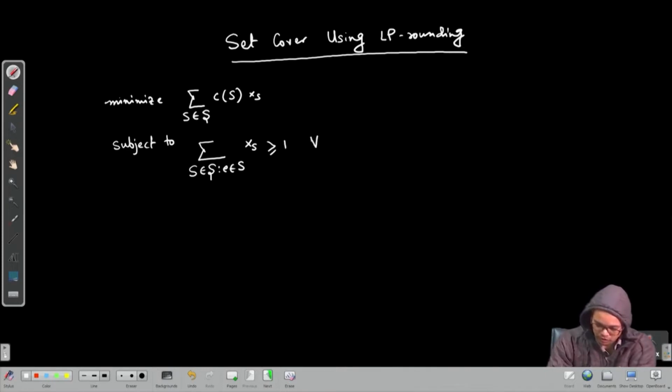This is for all elements E in U, and X_S takes values in 0, 1. So this is the ILP formulation.